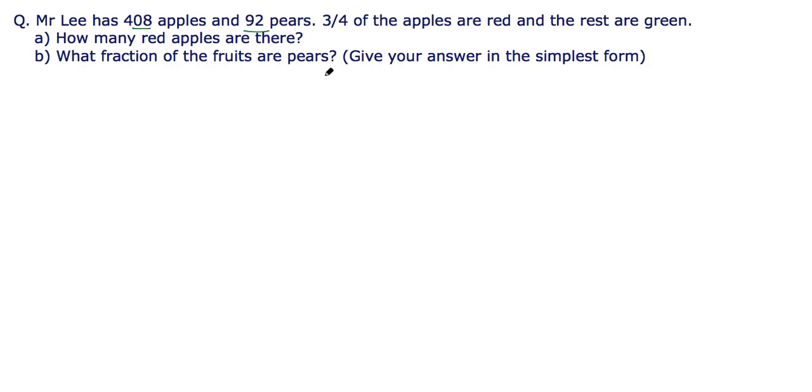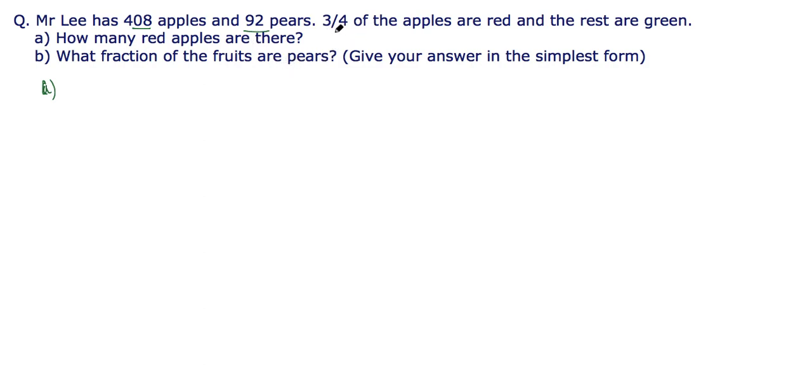So, what do we have here? Mr. Lee has lots of apples. It's actually 408 apples. And out of these 408 apples, 3 by 4 of the apples are red and the rest are green. If we want to draw a model for the apples, how do we do that?